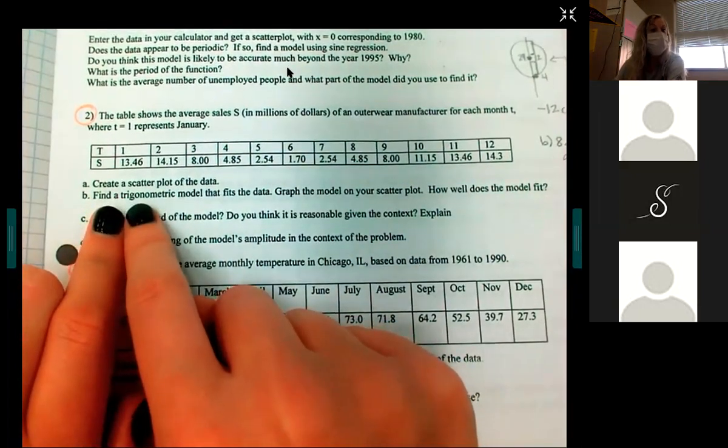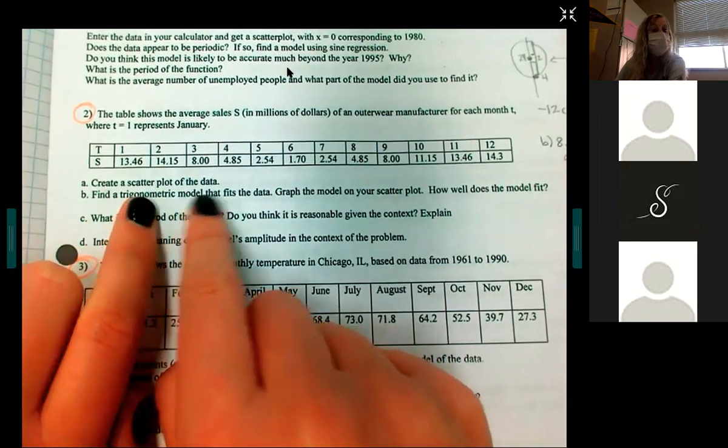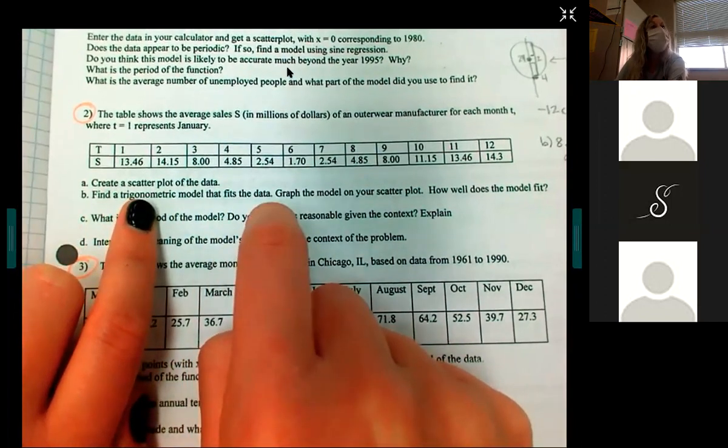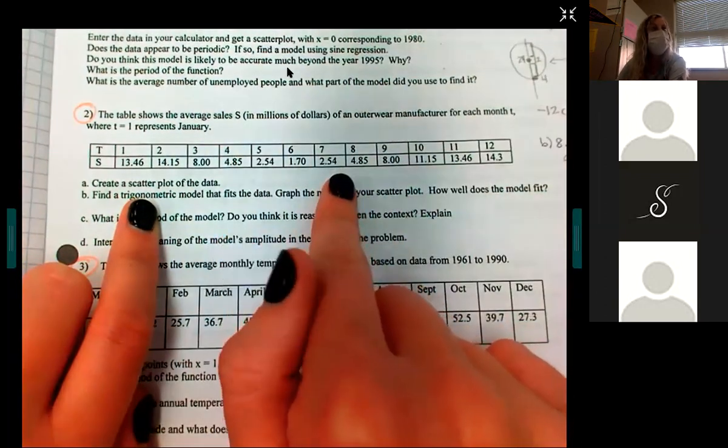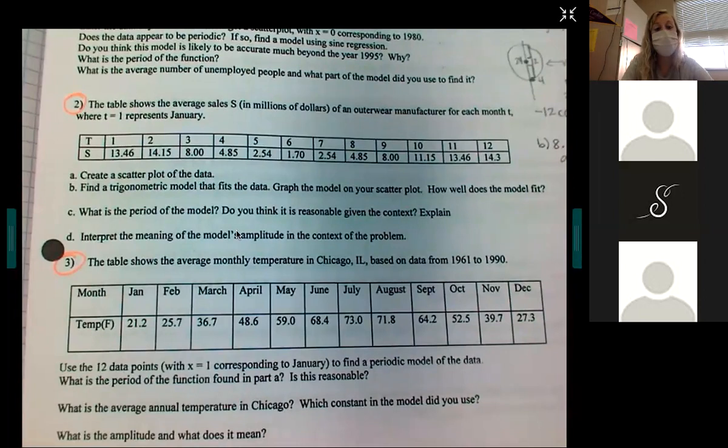So if you read, we're not doing a scatter plot. Y'all don't need to do that. If you read part B, find a trig model that fits the data. We're going to use a sine function. So where can I go to put this table in? Desmos. You guys can go to desmos.com on your phone and do it with me so that you practice.